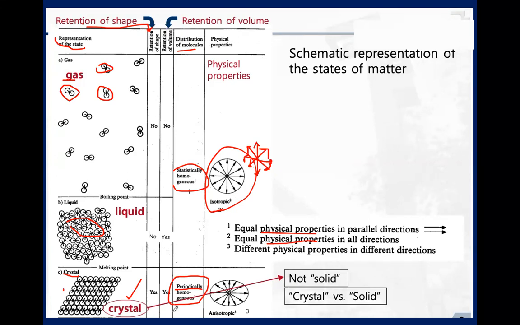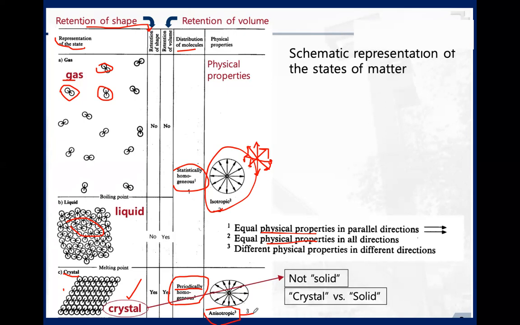So actually, both isotropic and anisotropic behavior can be expected in crystals, right? So it's better to write here anisotropic or isotropic, because in certain directions it's anisotropic, but in certain directions it may be isotropic.